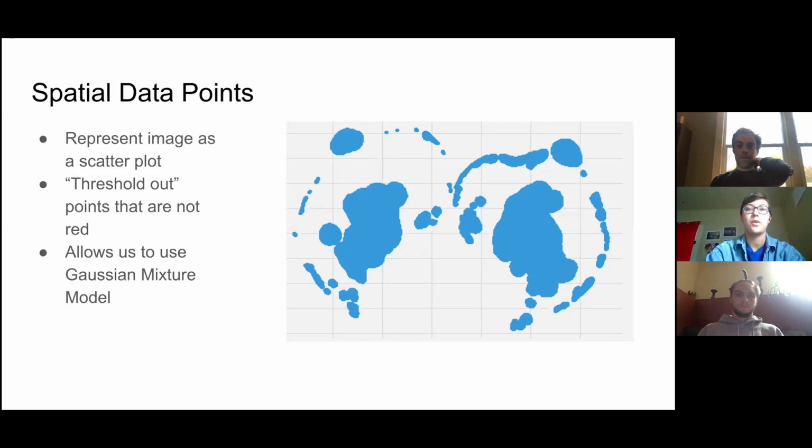So we just take away all of the ones that are below that and keep all the ones that are above that. And then we also use that number as the number of scatter plot points at the position. So that enables us to preserve some of the depth of color that you get in the middle of the spots as point density. And that allows us to use the Gaussian mixture model, which Jack will explain.